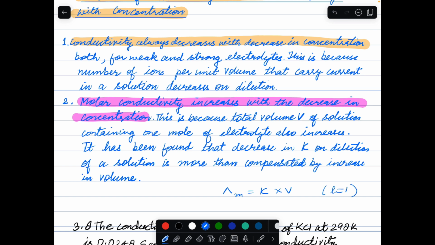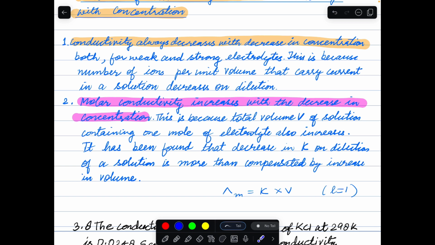So what we have here: if we decrease concentration, conductivity will also decrease, so the value of K will decrease. But when we decrease the concentration, side by side we are increasing the volume, because we decrease concentration by adding more solvent. Therefore the decrease in the value of K is very small compared to the total increase in volume, therefore the overall value, that is molar conductivity, will increase.